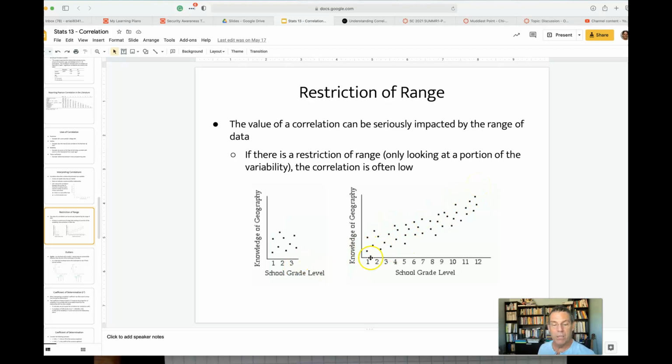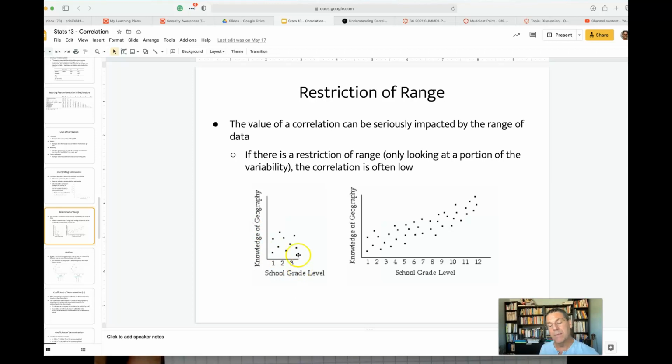But if we then just looked at grades 1, 2, and 3, so instead of looking at the whole thing, we're only looking at this little chunk down here. If you just look at that correlation, that's probably going to be a 0.2 correlation, maybe a 0.1 correlation. It's basically no correlation at all. So it would look like how far you are in school doesn't have any impact on your knowledge of geography.